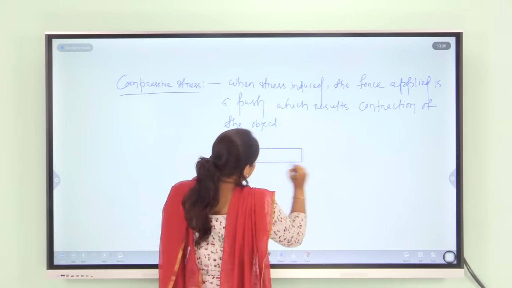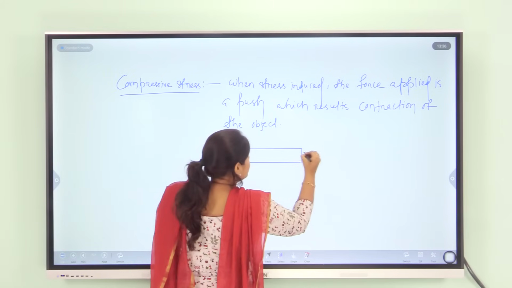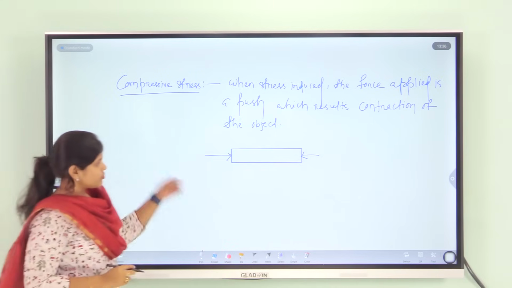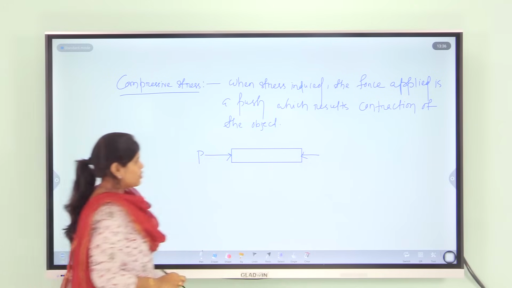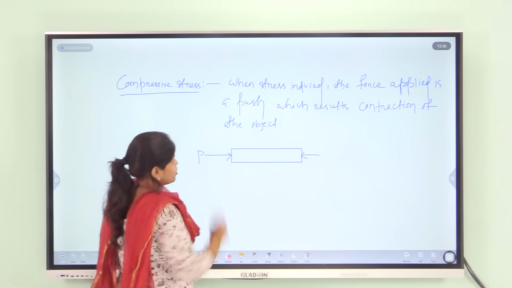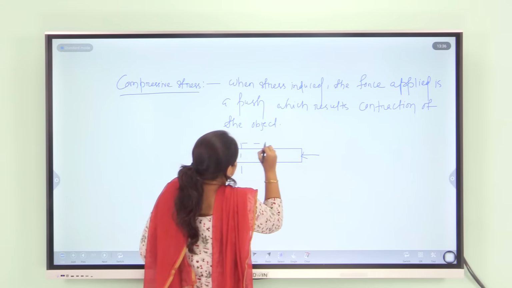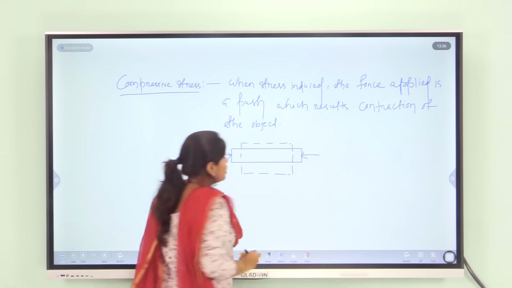Here, if this is the object, the force applied will be from this side. If the force is P, it will contract on which side?